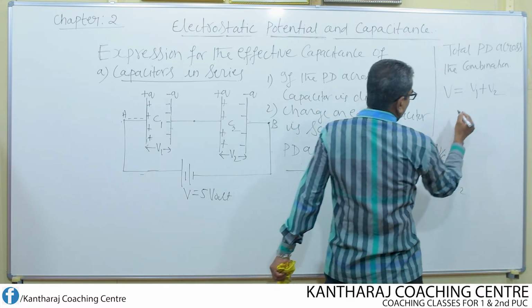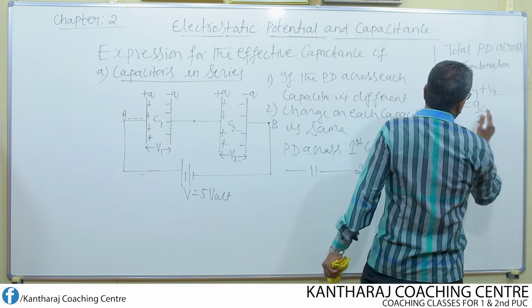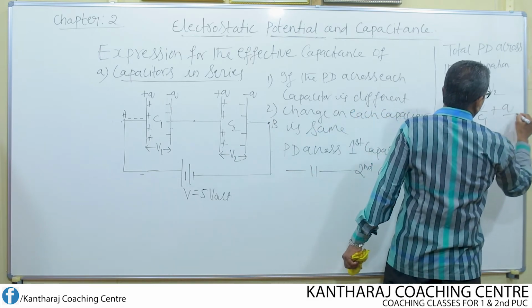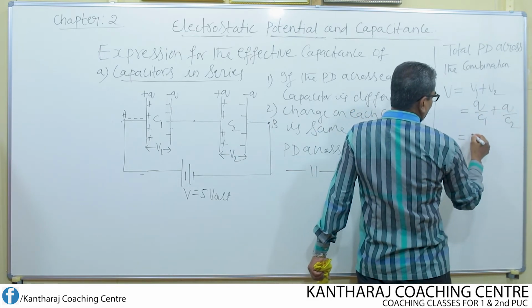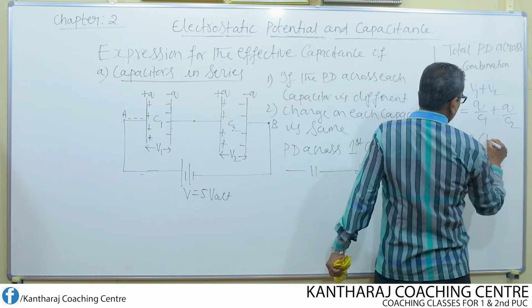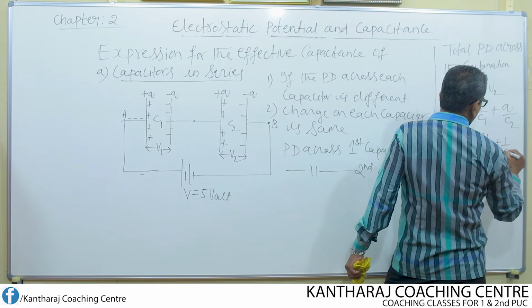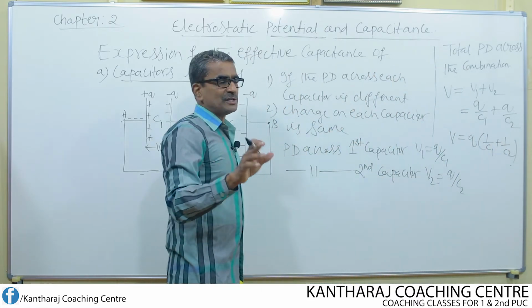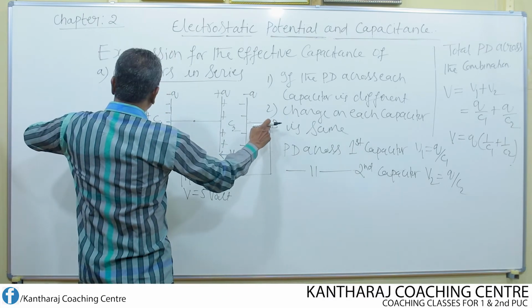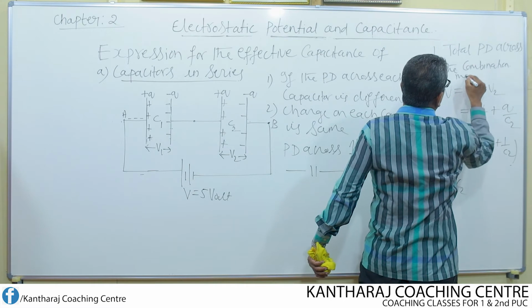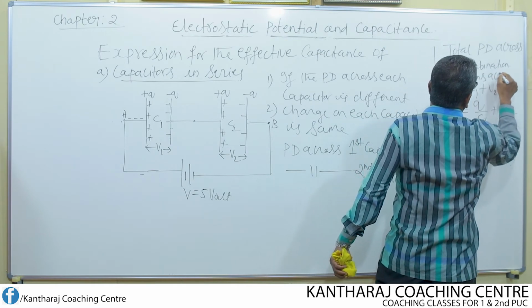What is V1? Q divided by C1. What is V2? Q divided by C2. Now take Q outside, which is a common term. Then it is 1 over C1 plus 1 over C2. So this is the total potential difference across the combination, means across AB. That is what we have written.